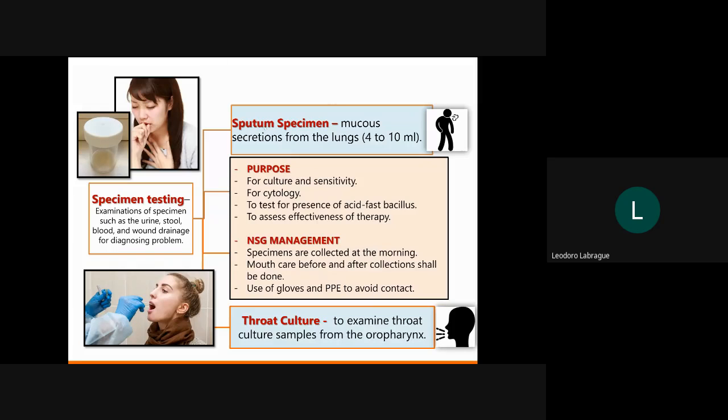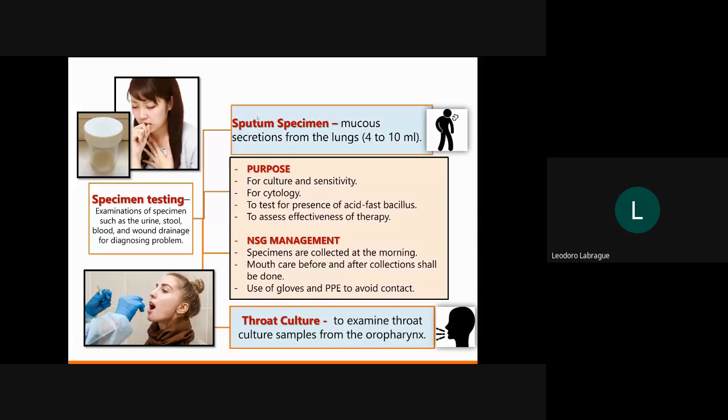This is called sputum. Again, sputum is different from saliva. You do not just say, sir, can you collect your saliva and then spit it out in the specimen bottle? No. It requires breathing and it requires coughing like that. And then ask your patient to collect 4 to 10 ml. That is for sputum examination.